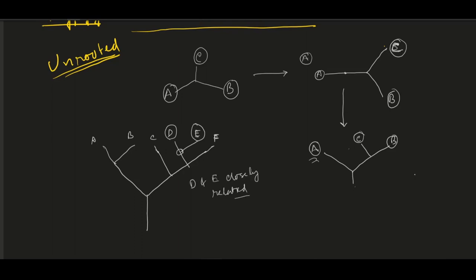But if we consider E and F, as we can see, E and F share a common ancestor in this position. Earlier, as I said, we consider time on the y-axis, and this is the future or present. So to find a common ancestor between E and F, we have to go backward.